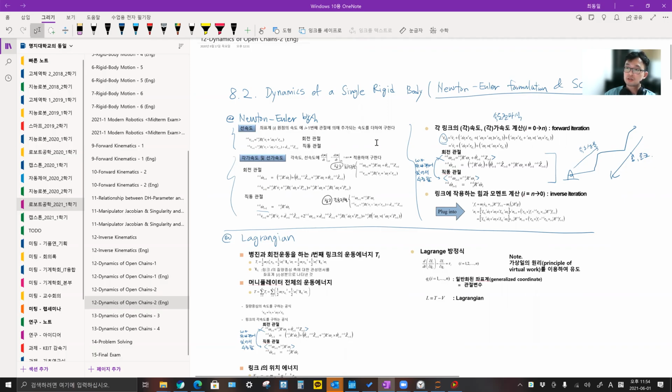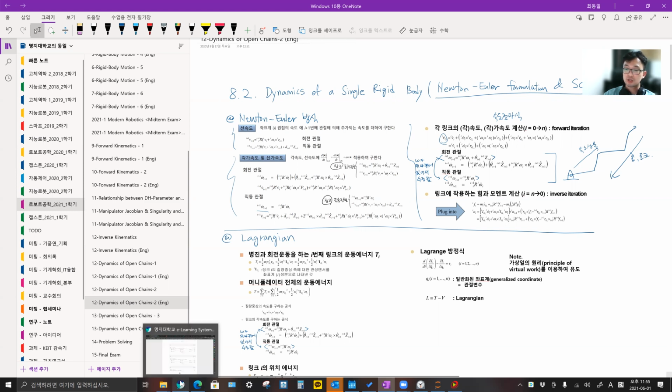But if you use a program, you can write this equation as code. And if you code this kind of forward iteration and inverse iteration, you can systematically calculate the dynamic equation.